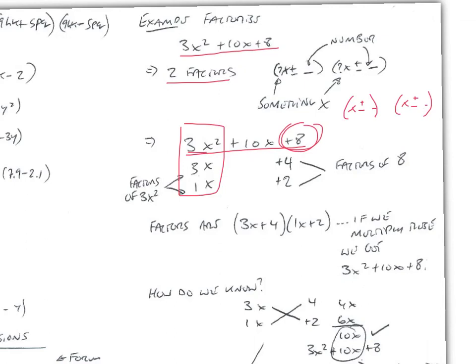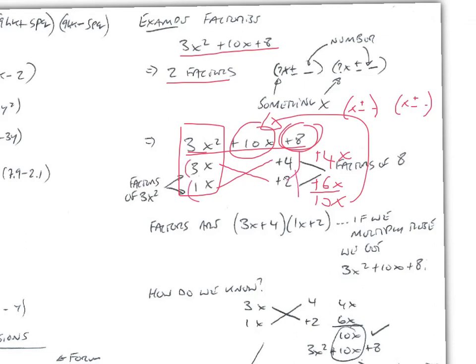The idea is that we're trying to make this middle number by cross multiplying these two and getting 6x, and multiplying those two and getting 4x, and adding: plus 6x and plus 4x is 10x. That's what we're looking for. That's what we've got. So these are the factors, 3x plus 4 and 1x plus 2.